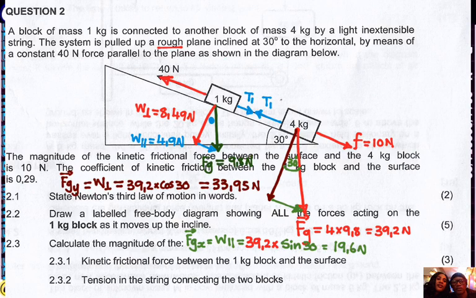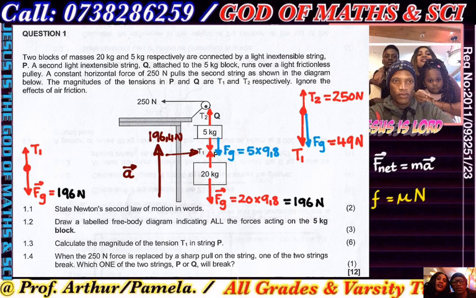Now, we are not done on this one because there is friction. Here, friction was supplied. On this one, what they did, instead of giving us friction, they give it to us indirectly. They gave us the coefficient of kinetic friction, which is what I mentioned earlier on, that mu symbol.